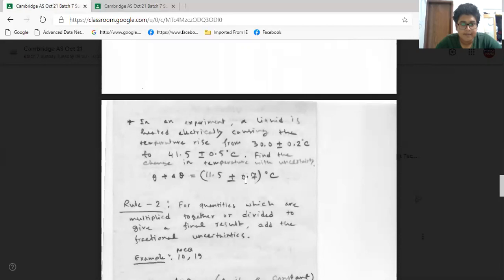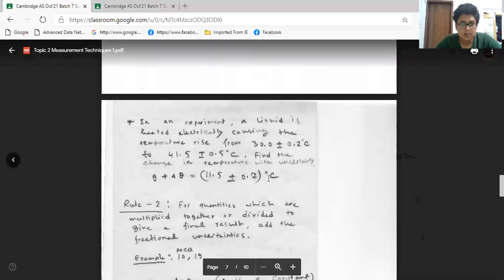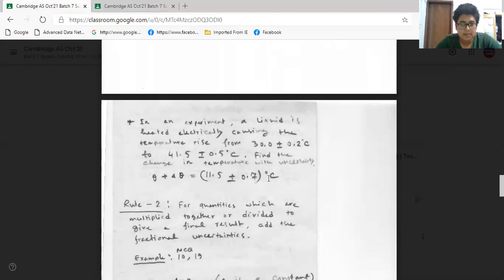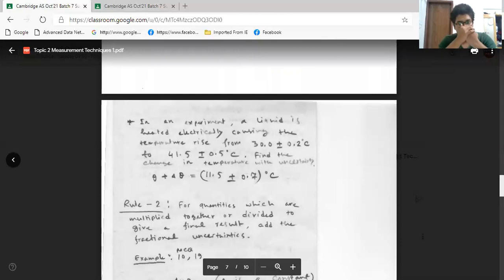In the previous example, you added the current and you also added the uncertainties, isn't it? But here you subtracted the measured value, and even after that the uncertainties are added. So you should remember that uncertainty is always added during subtraction or addition both. Okay, now rule 2.